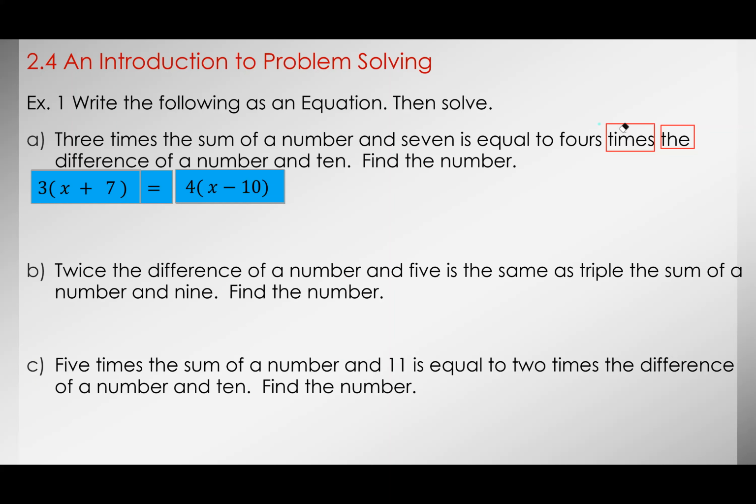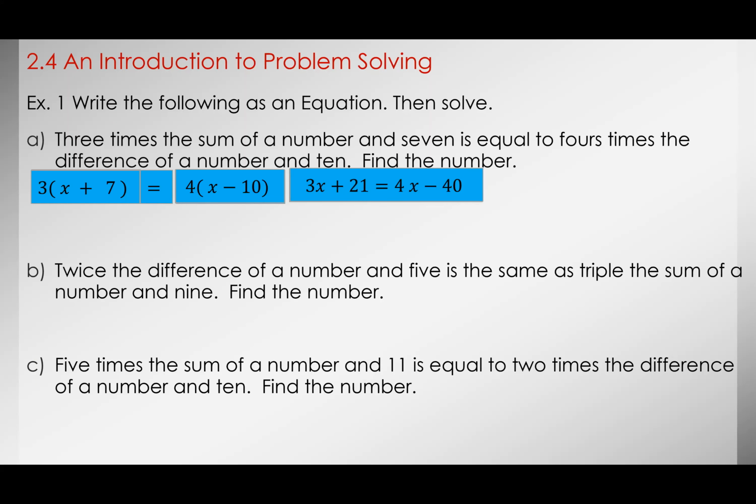So again, the question is how, and that's your goal for 2.4: how can you translate this wording into this expression? Because from here, all we need to do is get rid of the parenthesis. 3 times x is 3x, 3 times 7 is 21.